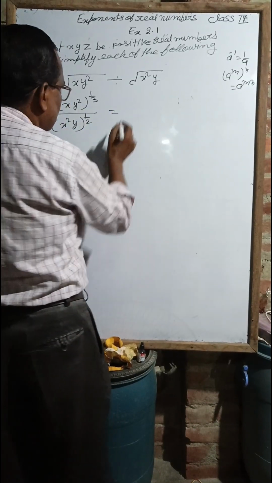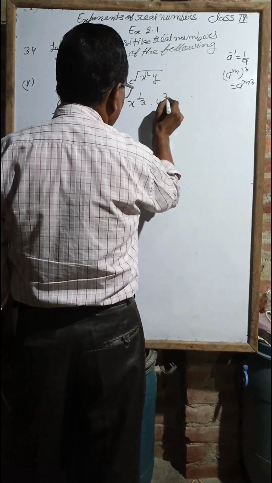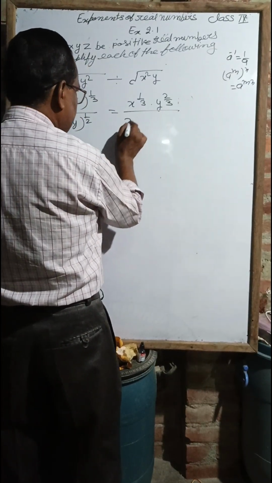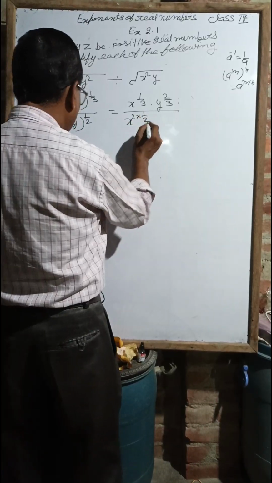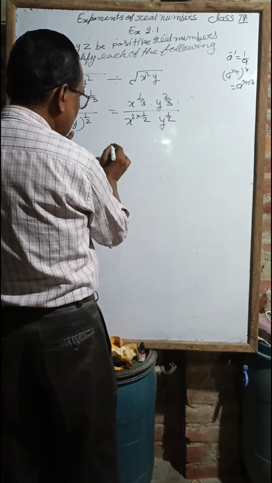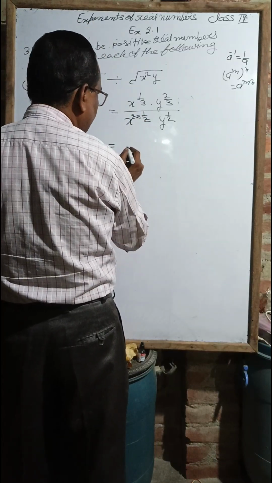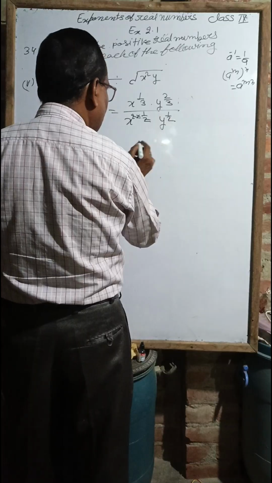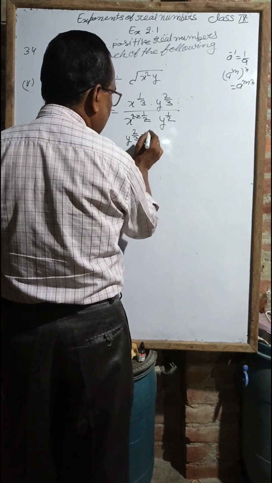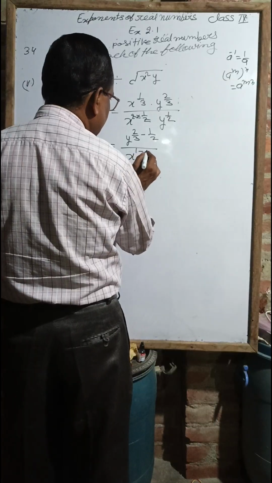Is equal to x raised to the power 1 over 3 times y raised to the power 2 over 3 upon x square into 1 over 2, y power 1 over 2, is equal to, 2 cancels out, y raised to the power 2 over 3 minus 1 over 2 upon x raised to the power 1 minus 1 over 3.